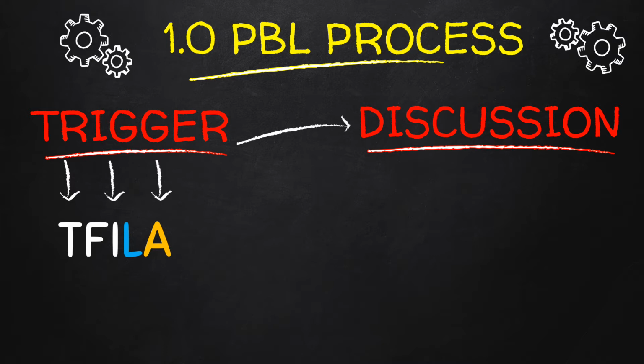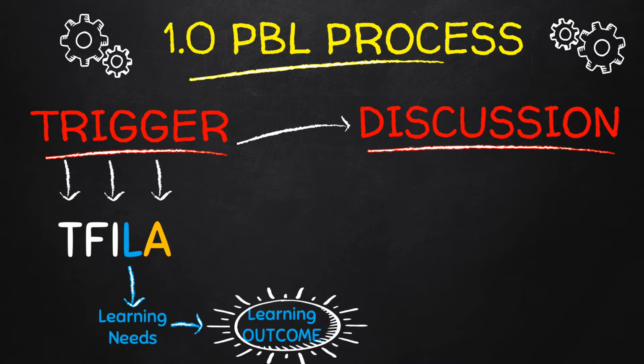Now I would like you all to concentrate on the L, which is the learning needs. The learning needs is the end product that should come out of this trigger session. If you look carefully, the learning needs is actually the learning outcome, which in a classical way of teaching, if you were to conduct a lecture, every lecture will have a learning outcome.